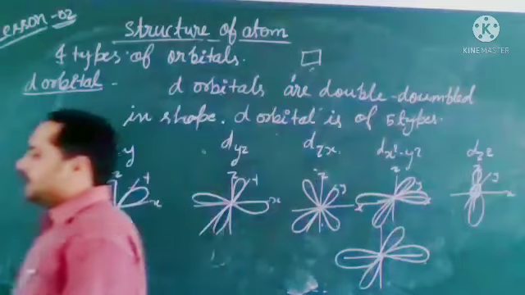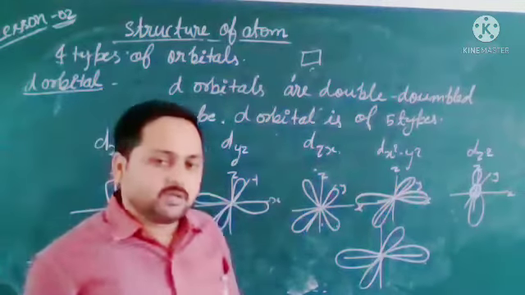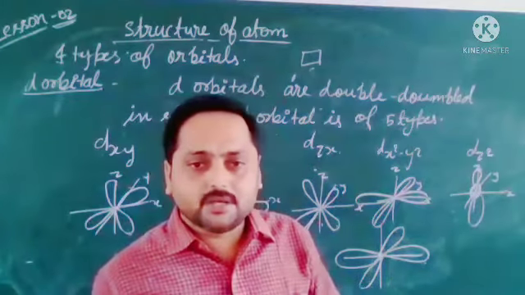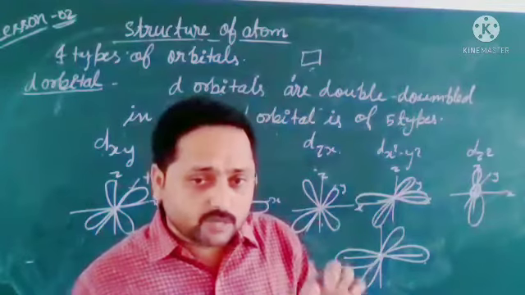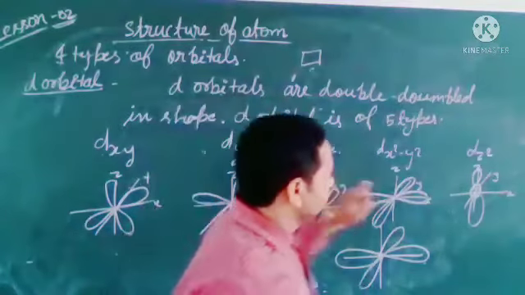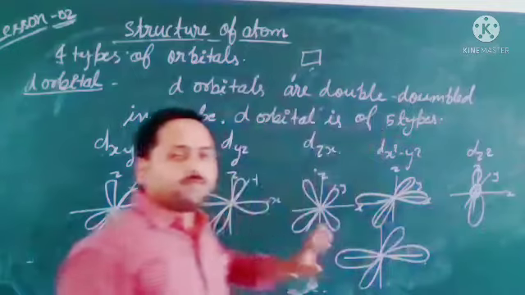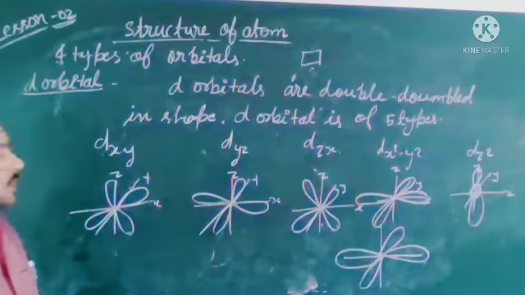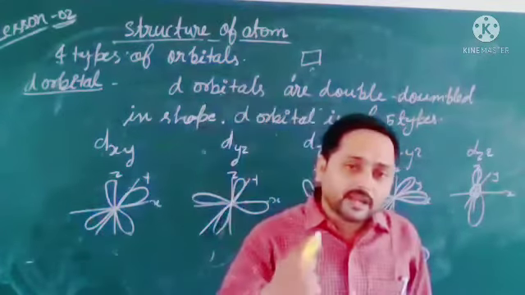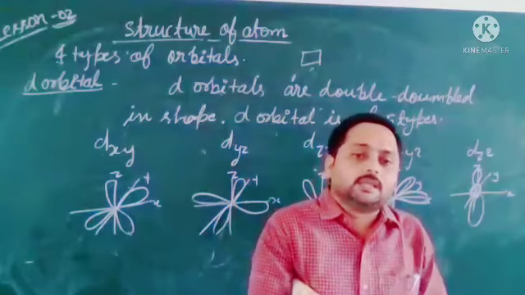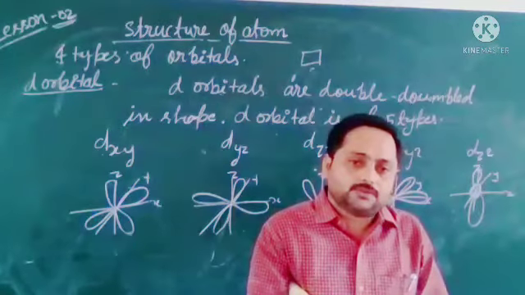So these are the series of d orbitals: dxy, dyz, dzx, dx square minus y square, and dz square. So these are the 5 types of orbitals. I told you that we can represent the orbital in the form of a rectangle also.